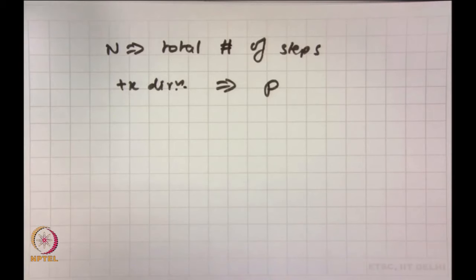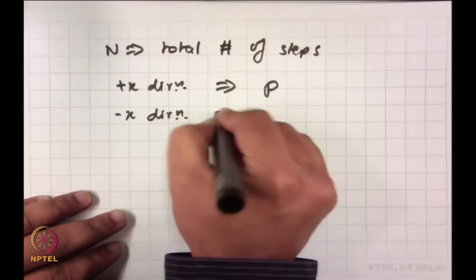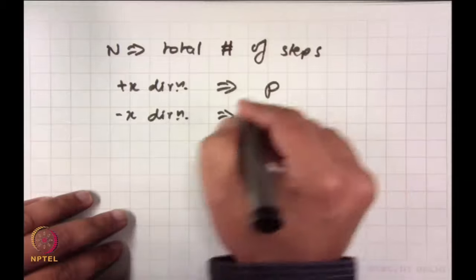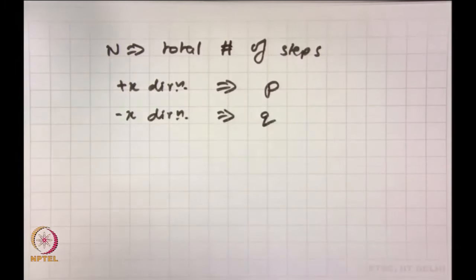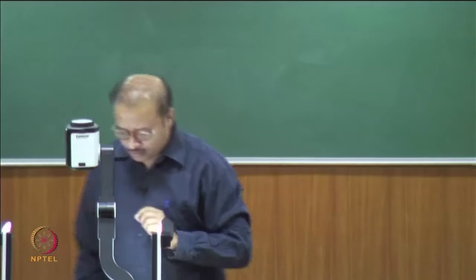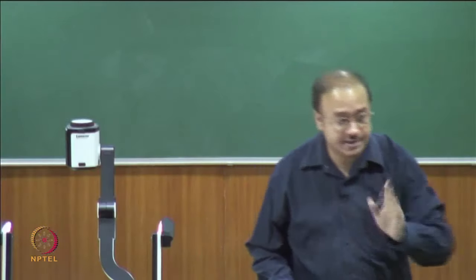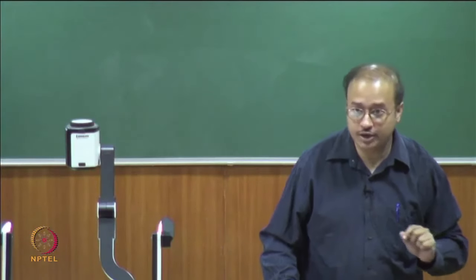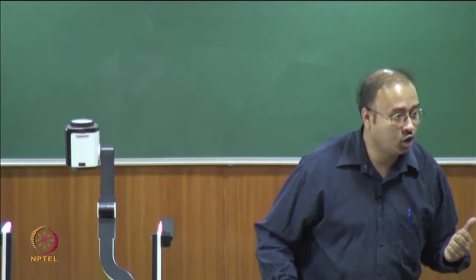Similarly, the probability of the same movement in the negative x direction is given by q, where q is essentially 1 minus p, right. You all know this from probability, simple. Now, remember all these motions are statistically independent, absolutely no dependence on where I was before or what direction I went before.